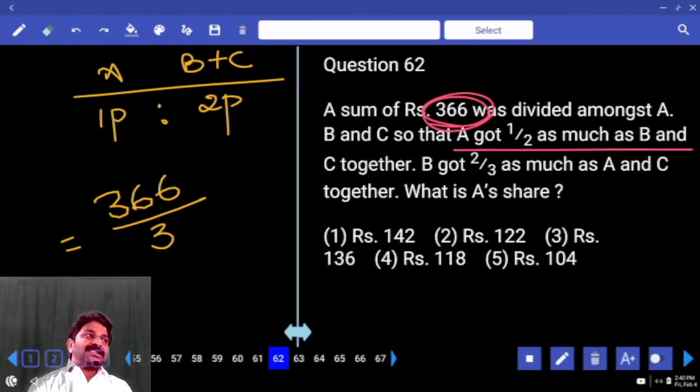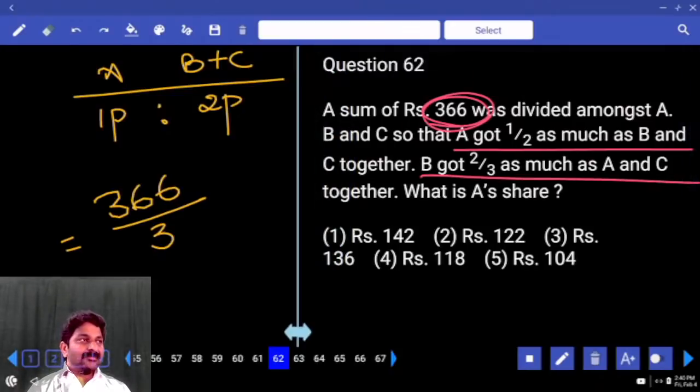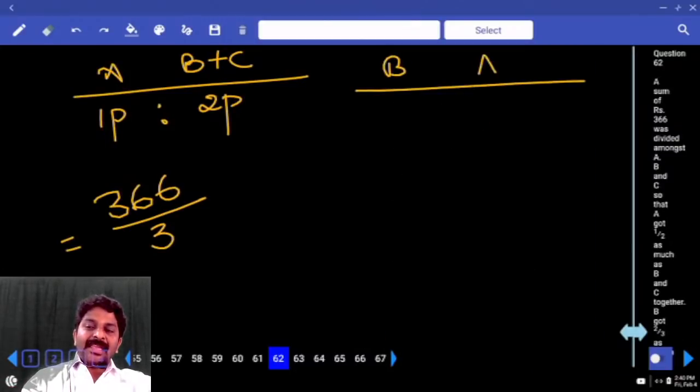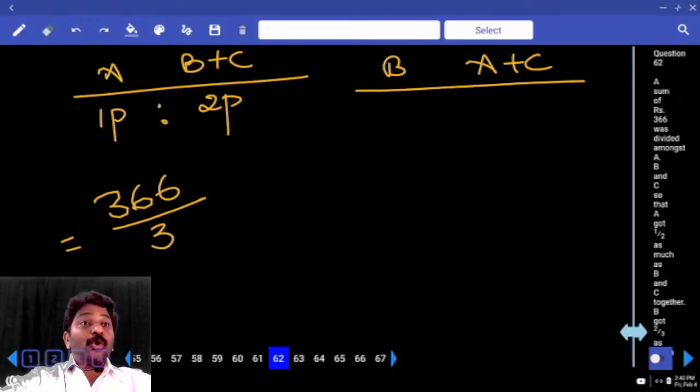If your question is about the share of B, then I would choose the other condition. B got 2/3 as much as A and C together. Understood? B is here, A and C is here. How much fraction do we have? 2 by 3.